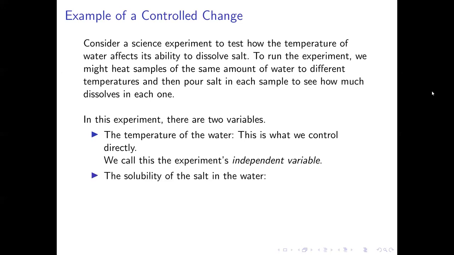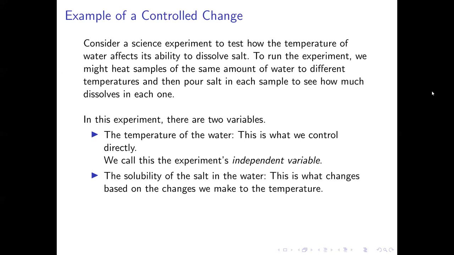The other variable involved here is what's called the solubility of the salt in the water. In other words, how much salt will dissolve in each sample of water. So this changes as well, but it changes because of the changes we make to the temperature of the water in each sample. We aren't changing the solubility directly, we're changing it by changing the temperatures.